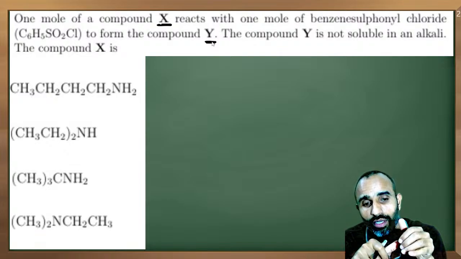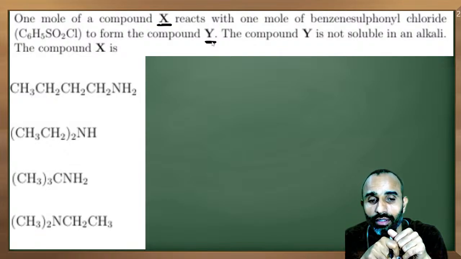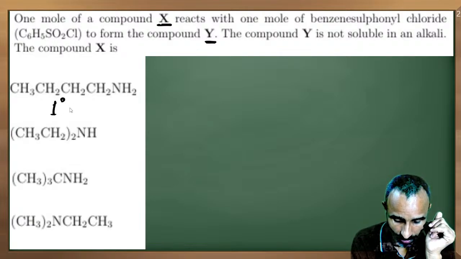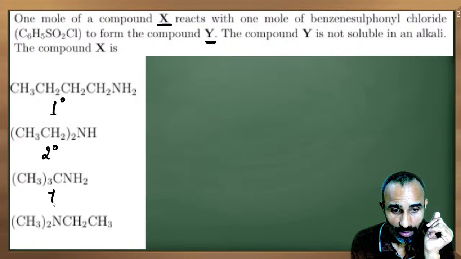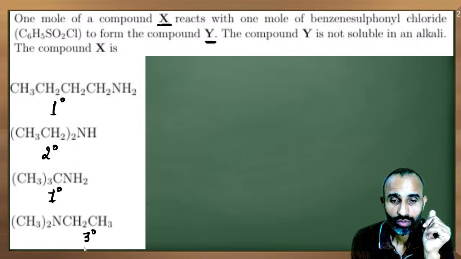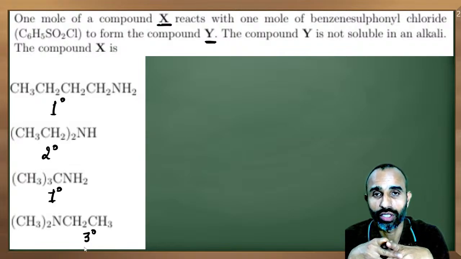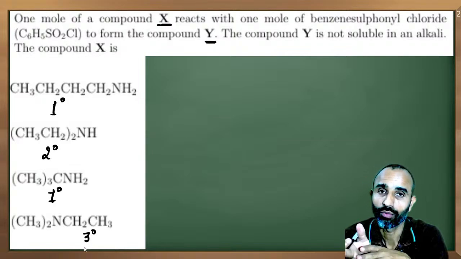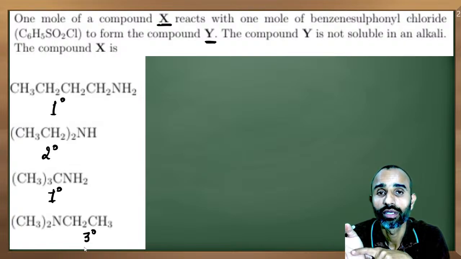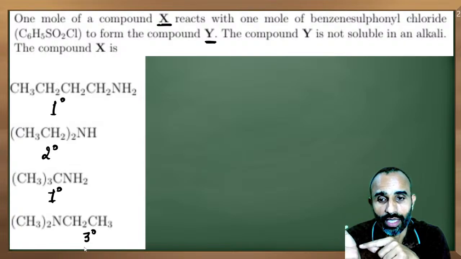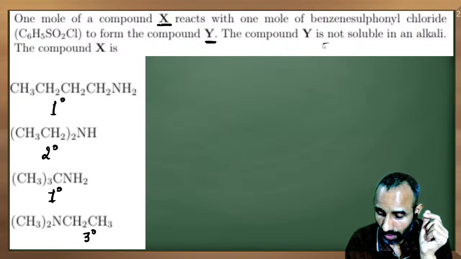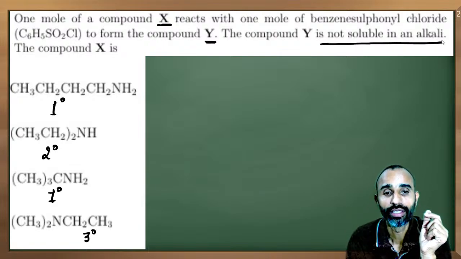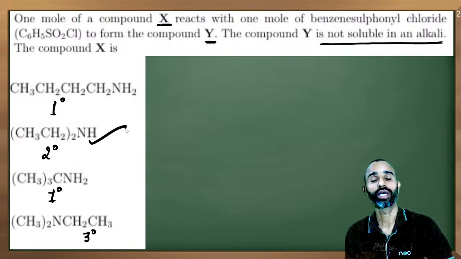So which one is the compound X? First one is primary amine, second is secondary amine, third is primary amine, and fourth one is tertiary. So according to the Hinsberg reagent test, primary amine reacts with Hinsberg reagent and the product formed is soluble in alkali. Secondary amine reacts with Hinsberg reagent and the product formed is insoluble in alkali. So that means secondary amine is the right option.